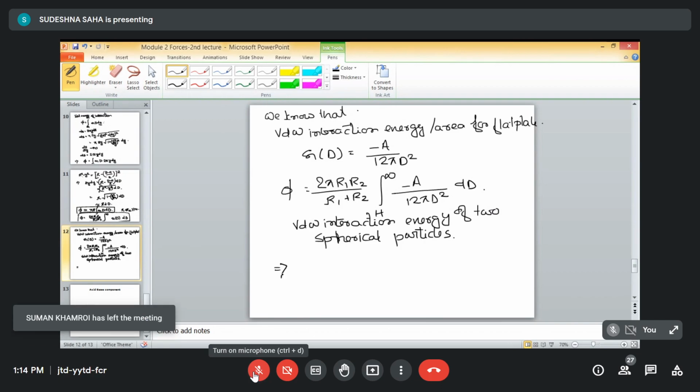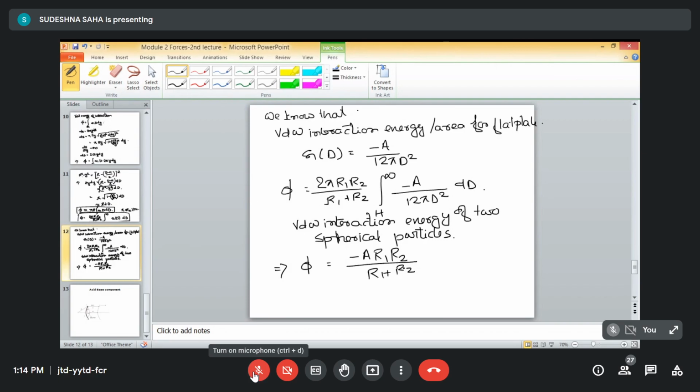And we can further write it as phi equals minus A r1 r2 divided by r1 plus r2. There will be a 6 over here, minus 1 by d.